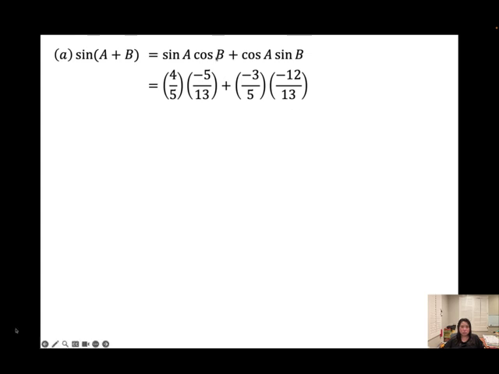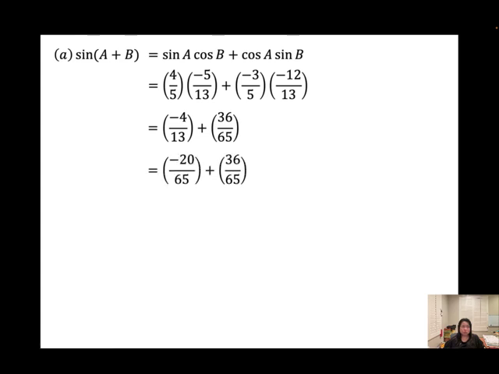So I have a 5 and 5, I could cancel out. I have negative 4 over 13 here. And this one, I can't simplify it, so I just multiply it. So that will be 36 over 65. Get the same denominator. You will get 16 over 65.